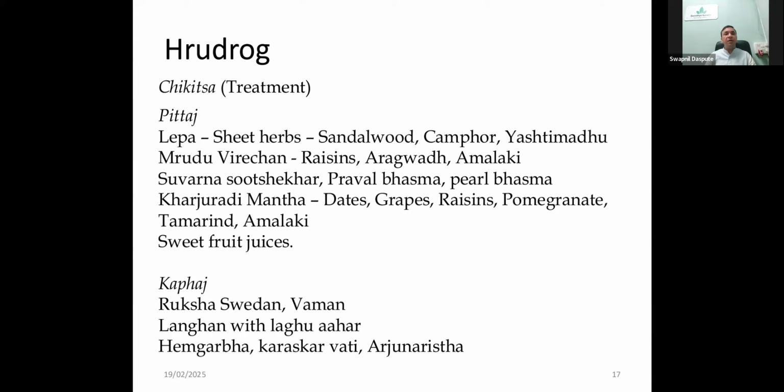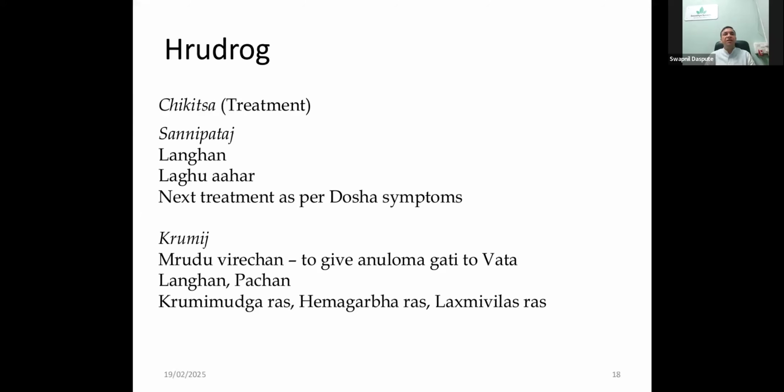Arjunarishta in Vataja and Kaphaja will settle down the dosha properly. In Pittaja type of Rudroga, you can give Arjuna Kshirapak, milk medicated with Arjuna Churna, Arjuna powder. Arishta has self-generated alcohol, so that can aggravate Pitta at times.